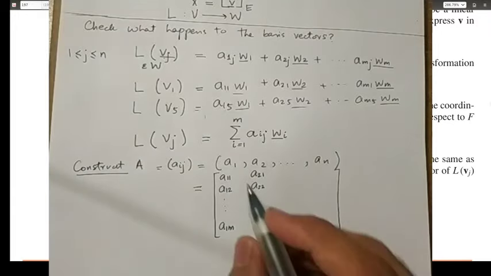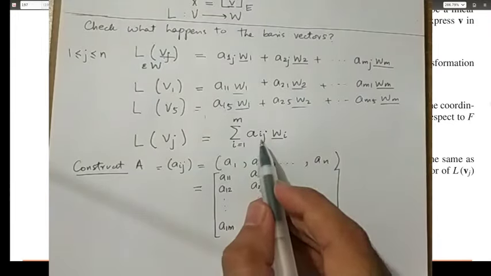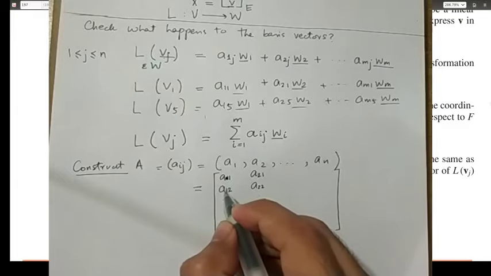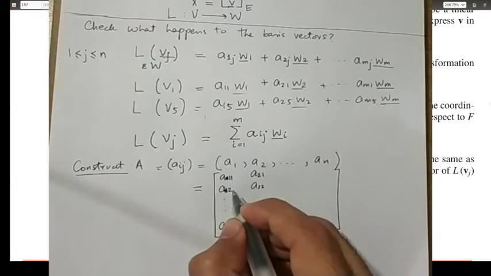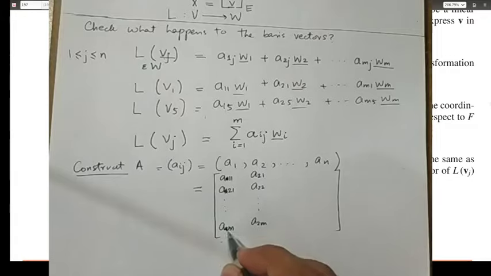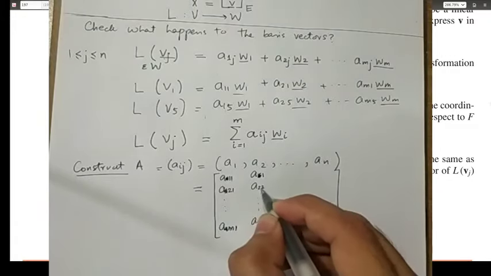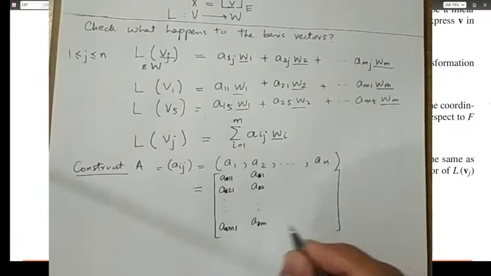Actually, I should have written this as A11, A21, and Am1, because j is fixed and i is changing.